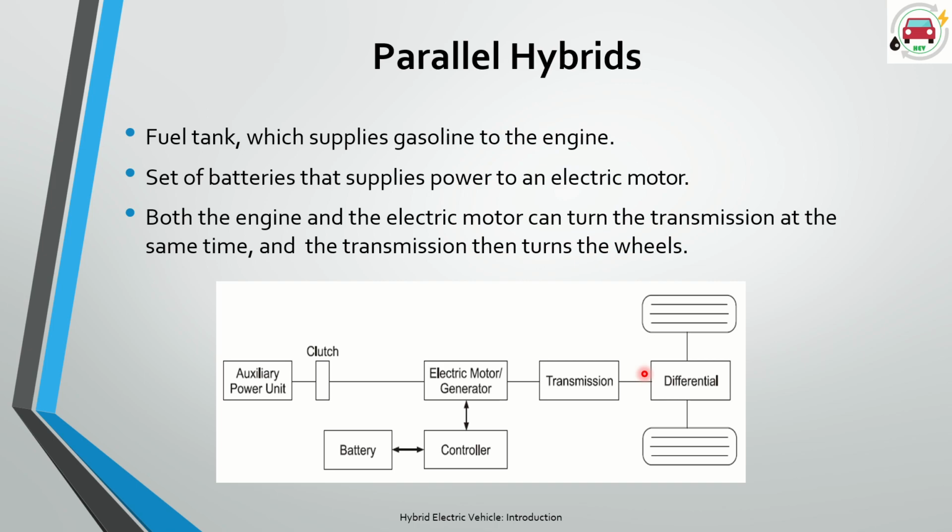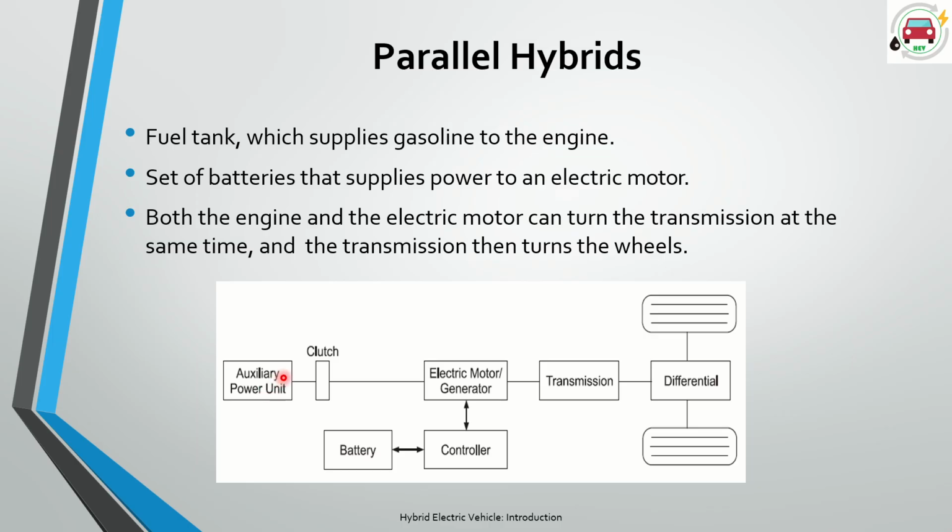So now both the engine and electric motor can turn the transmission at the same time. We are coupling the power of the electric motor as well as the available auxiliary power unit, that is the APU, and generally we are using a gasoline engine here.